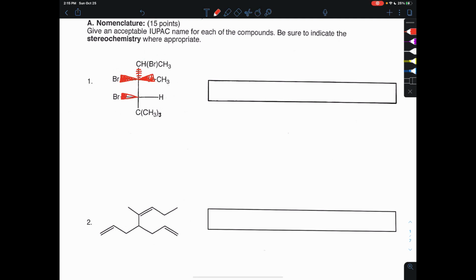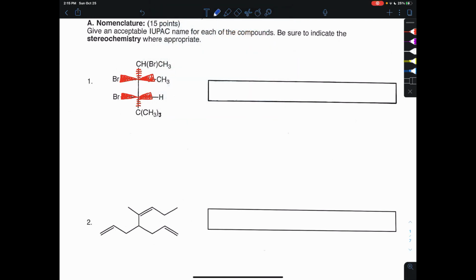And this rule always applies, right? It's always the same. This is really important for you to be able to determine your R and S, right? Alright, so first thing is I want to notice the longest chain. You always want to try to find your longest chain.